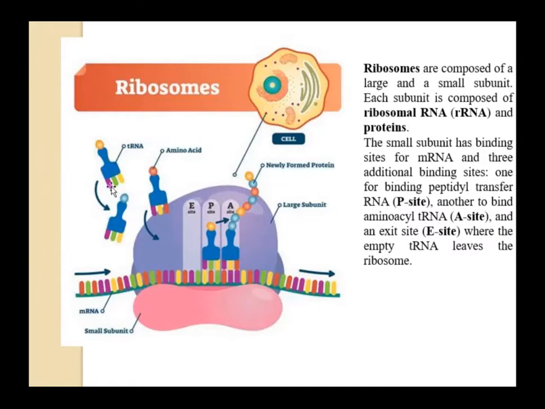Here we can see transfer RNAs which will carry their cargo, that is amino acids, which are needed for protein synthesis. Then the A site, that is for binding of aminoacyl tRNA, and the exit site, E site, for exit of free tRNA, which gave its cargo to the protein synthetic machinery.